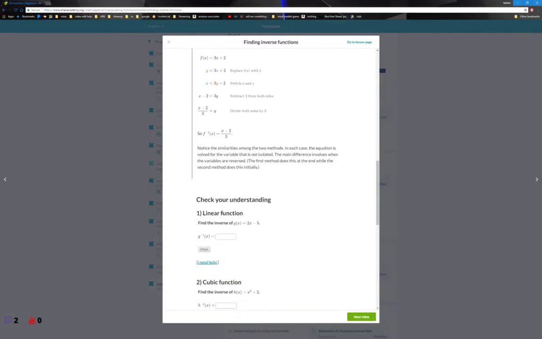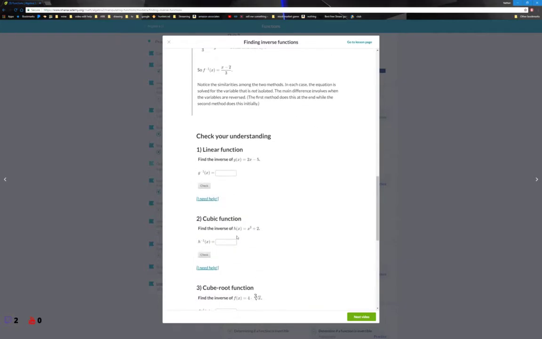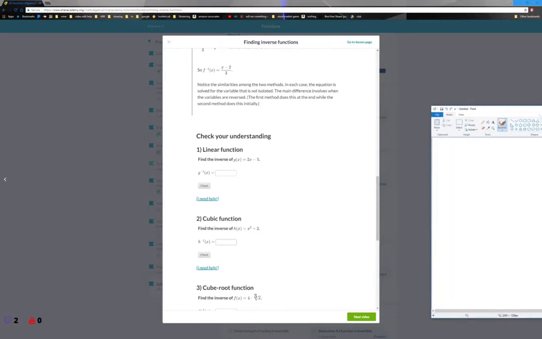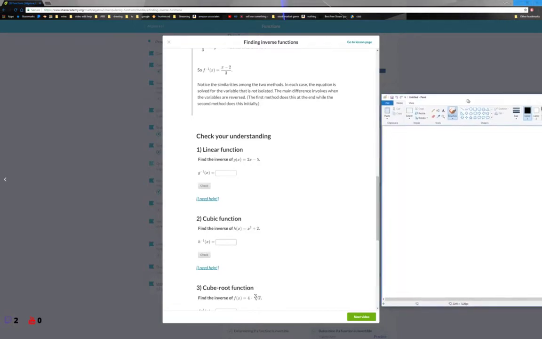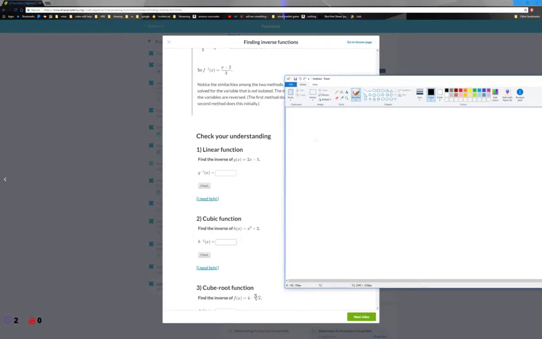Alright, now we're going to check our understanding for linear functions. Find the inverse of g of x equals 2x minus 5. So what we're going to want to do, alright, we take g of x and we'll replace it with y. y equals 2x minus 5.